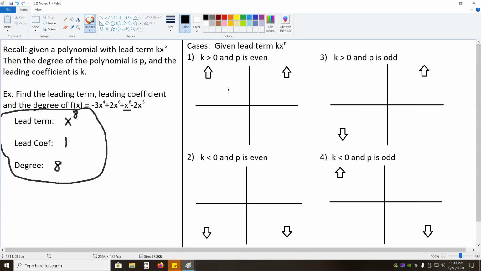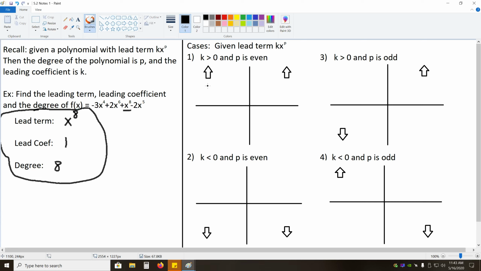Okay, so with that, we now have some cases given the lead term kx to the p power. The first case is if k is positive and p is even. So you have an even exponent and a positive leading coefficient, then both ends of the graph will go up.